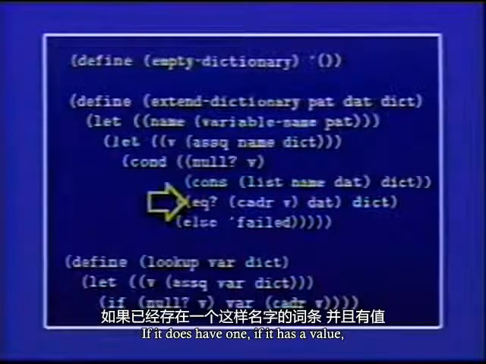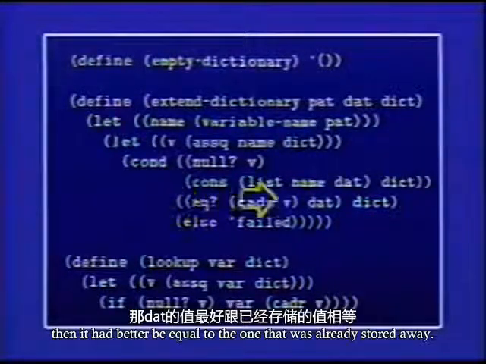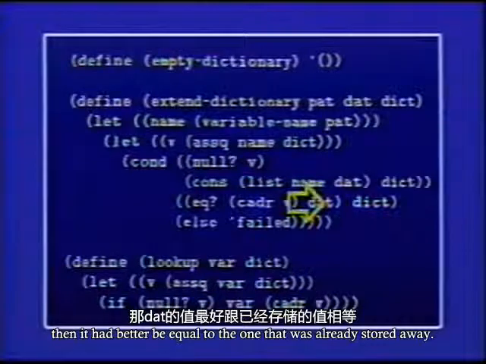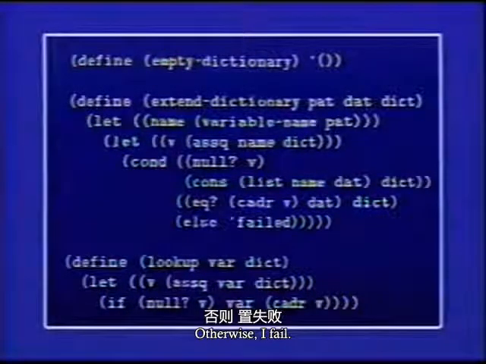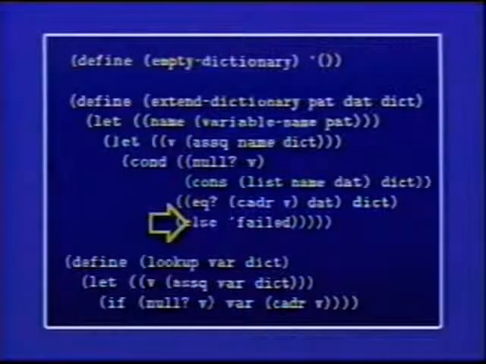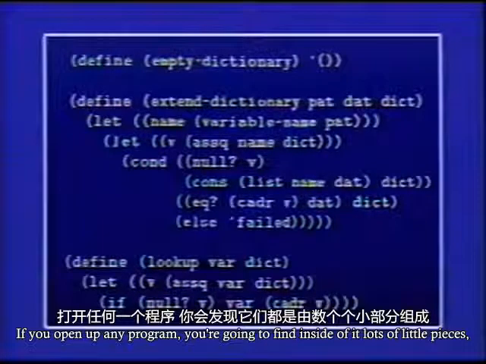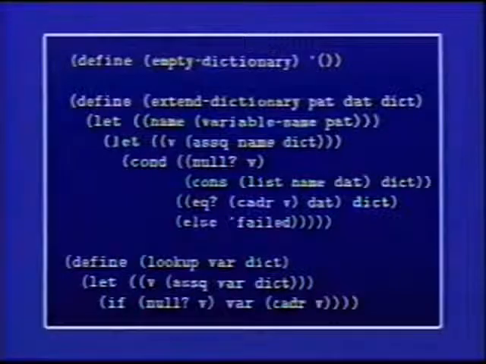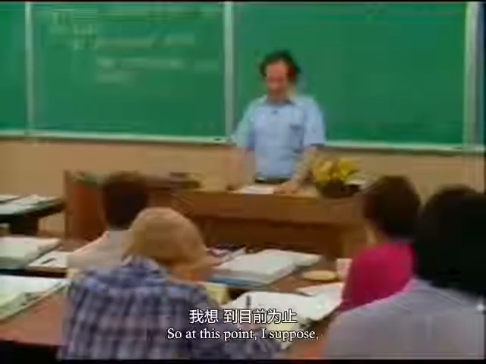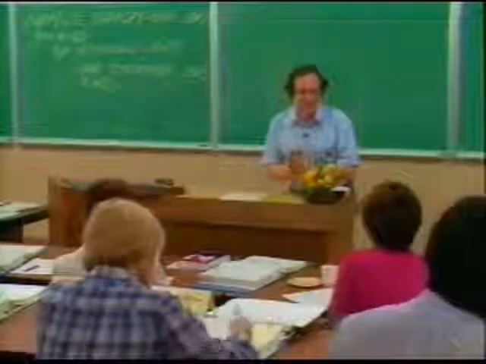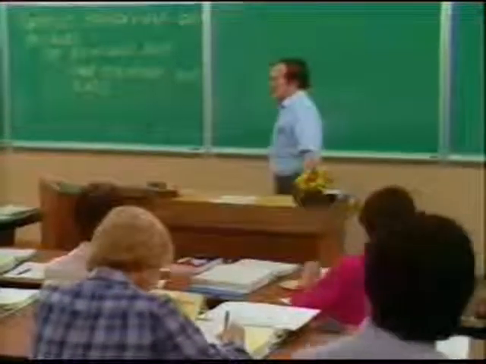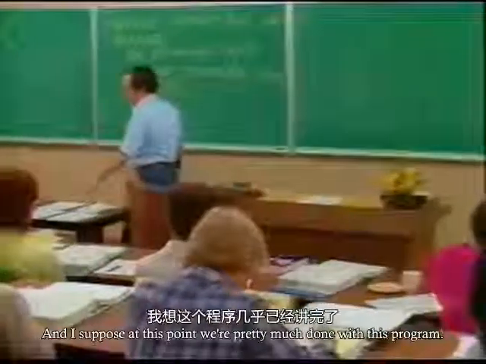If it does have a value, then it had better be equal to the one that was already stored away. And if that's the case, the dictionary is what I expect it to be. Otherwise, I fail. So that's easy too. If you open up any program, you're going to find inside of it lots of little pieces, all of which are easy. So at this point, I suppose, I've just told you some million-dollar valuable information. And I suppose at this point, we're pretty much done with this program.